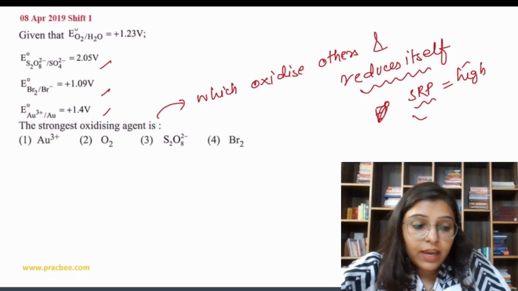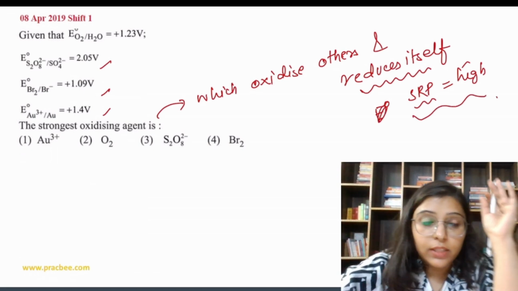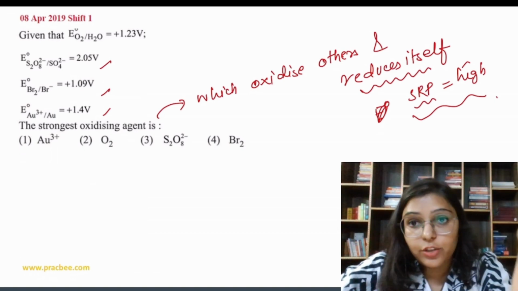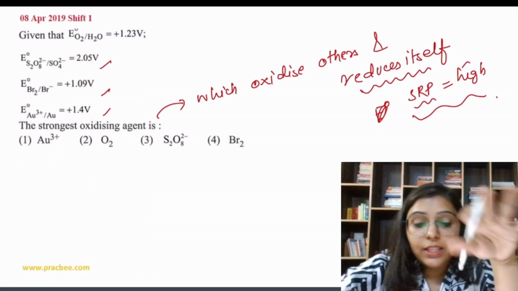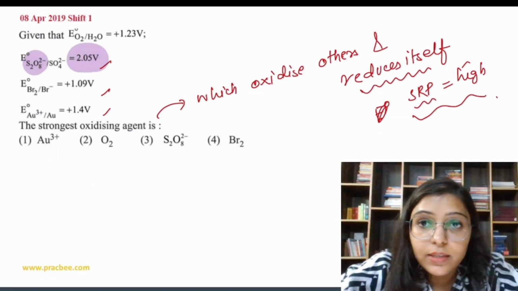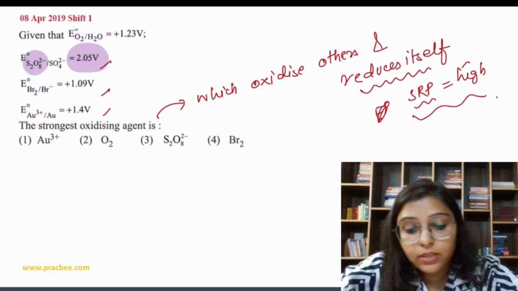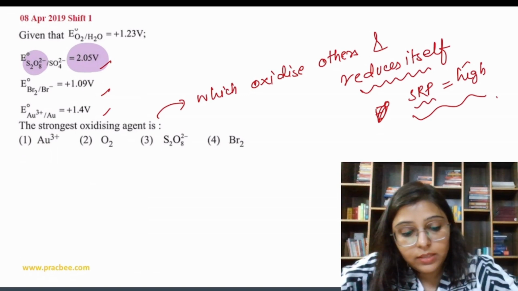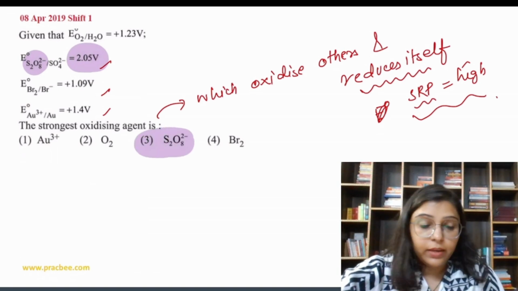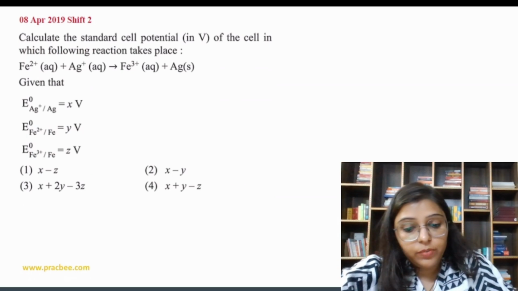So we have to find the species which has the highest standard reduction potential. If you see the values, the standard reduction potential is highest for this one, S2O8 2 minus giving sulfate. Okay, so the answer is option number 3. Clear? Now let's do the next question.